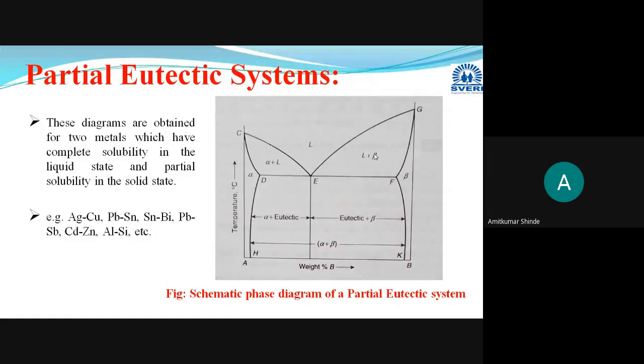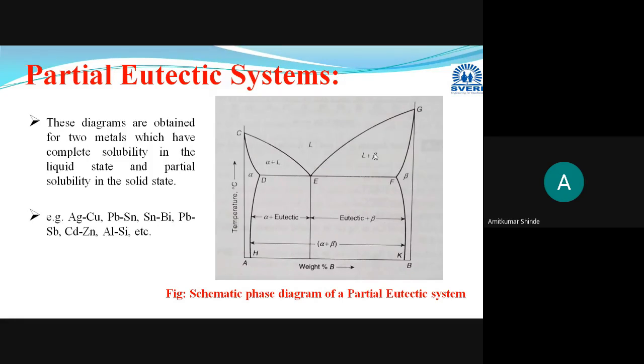In liquid state they will be completely soluble in each other, and in the solid state some amount of copper may get dissolved in the silver, or some amount of silver may get dissolved in the copper. A few other examples are PbSn, that is lead and tin, then tin and bismuth, that is SnBi, then PbSb, where Pb is the lead and Sb is the antimony.